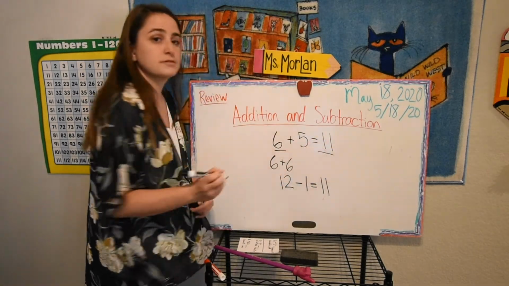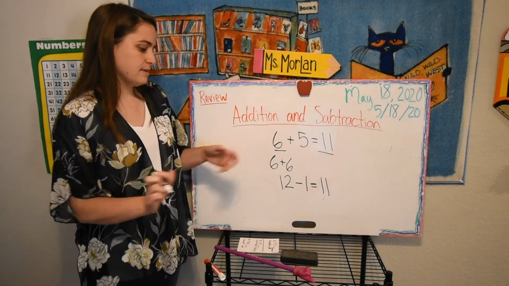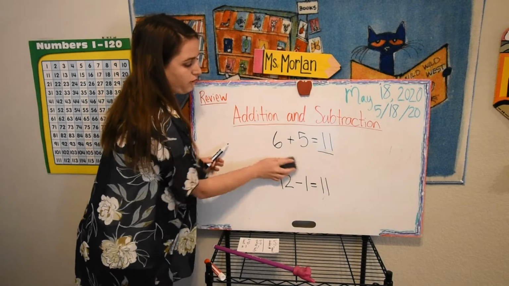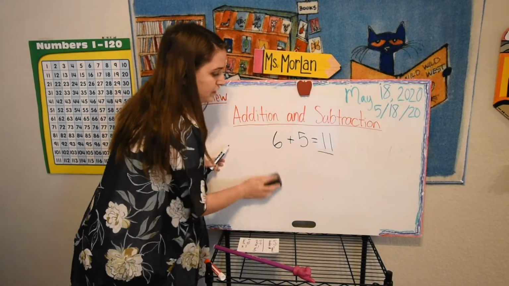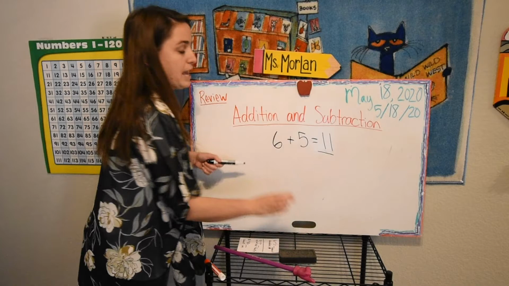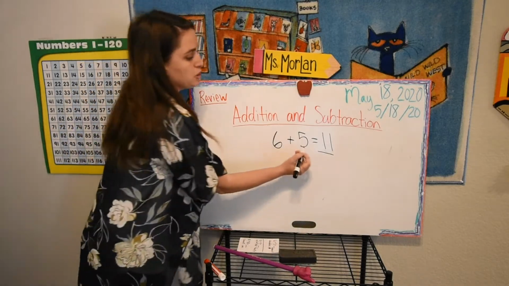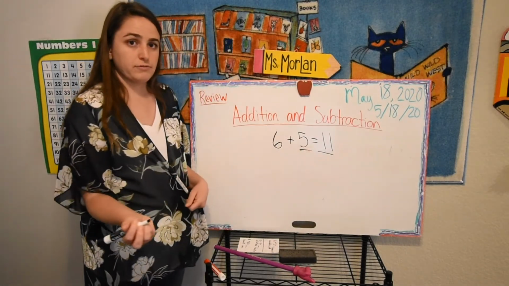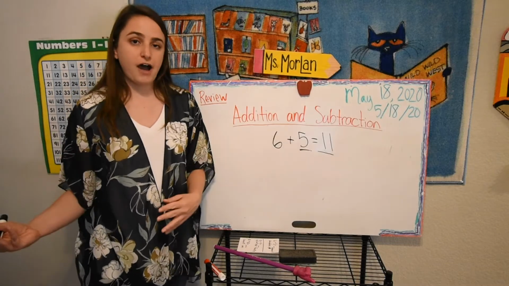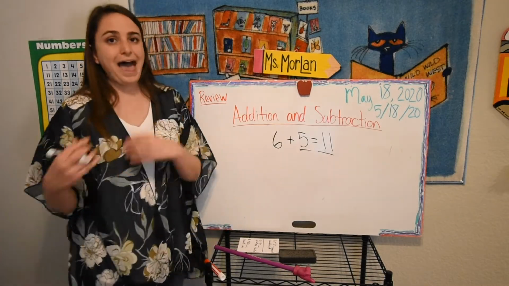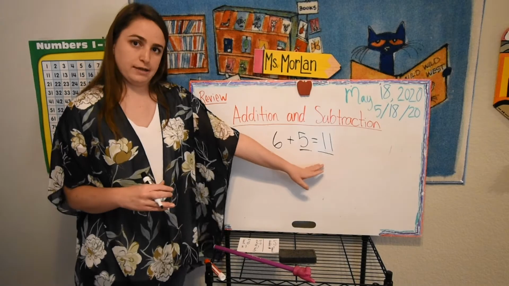That is our sum to this addition sentence. Now, of course, you could have also used doubles plus 1. And if you were to use that strategy, you would have started with the 5, right? And you would have done 5 plus 5. And then you would have added 1 to get your answer.